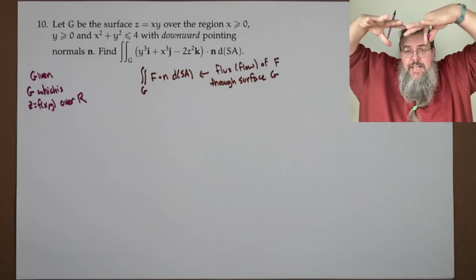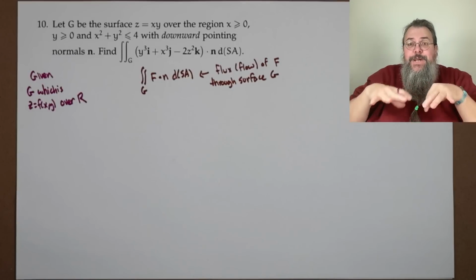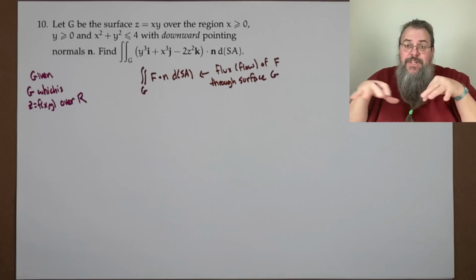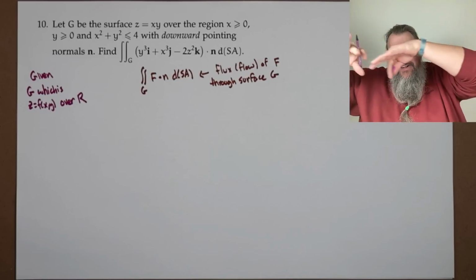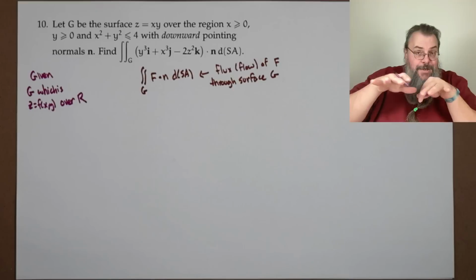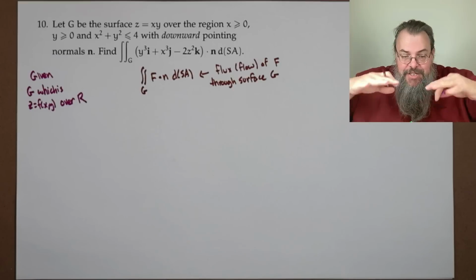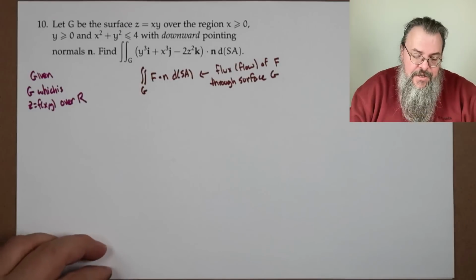We're going to take that surface and push it down into the plane, back where we're comfortable doing two-dimensional integrals. Up here, this does not feel comfortable. Down here, I like this kind of integral. So we're pushing it down to our region R.